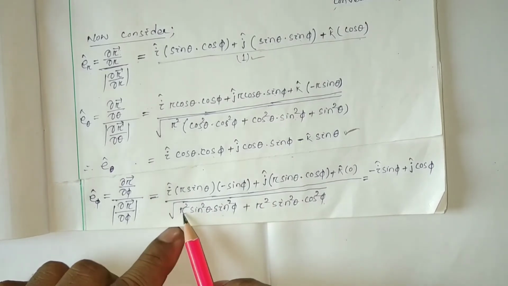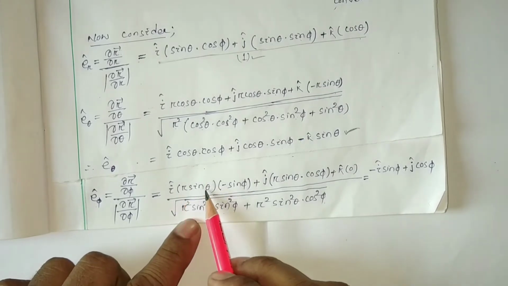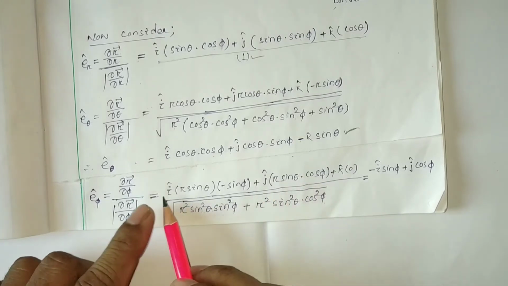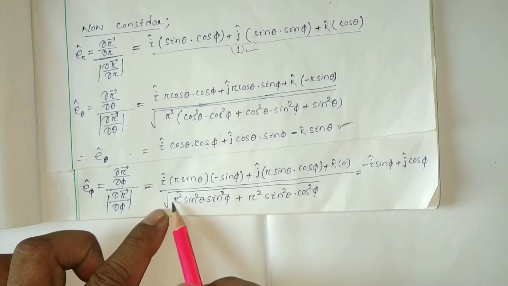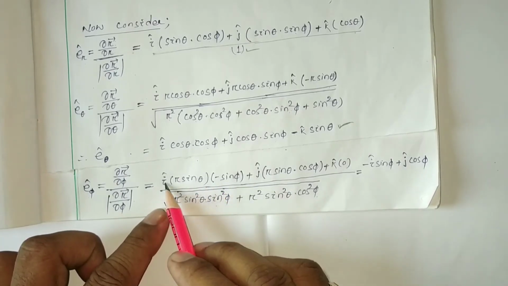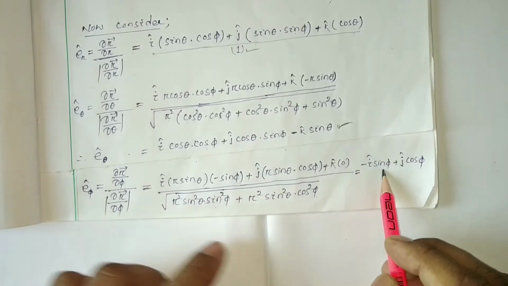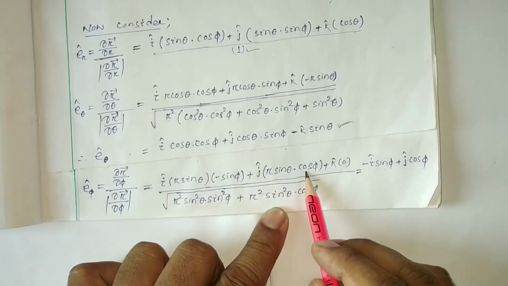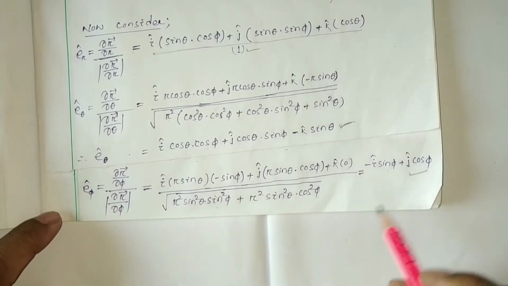In the denominator we get r sin theta, and in the numerator r sin theta is common and cancels with the denominator r sin theta. We get minus i cap sin phi plus j cap cos phi. So this is your e phi cap.